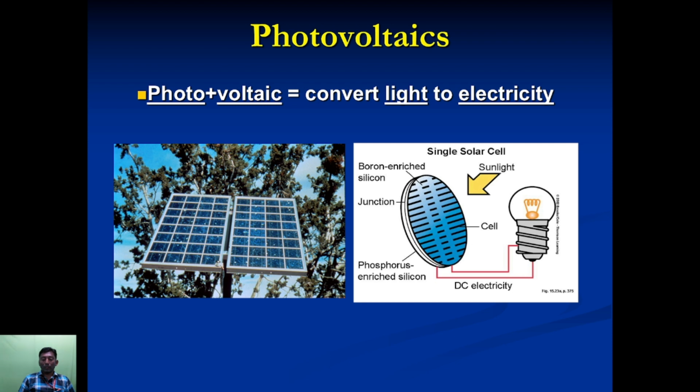How do we get the electricity? During the movement of electrons through a conductor, we get the current. That current is applied to the load. So plus and minus, we get the DC current here. I will explain this again.